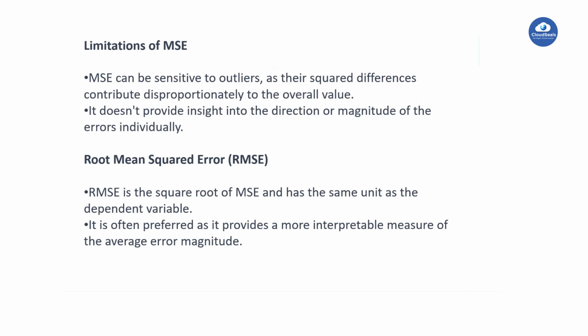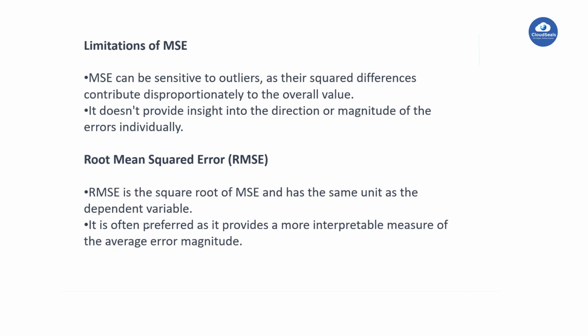That's why, to avoid these limitations of MSE, people use root mean square error. Root mean square error is the square root of the MSE value and has the same unit as the dependent variable. So now we will get the actual error.